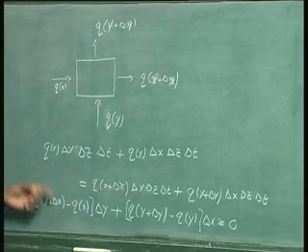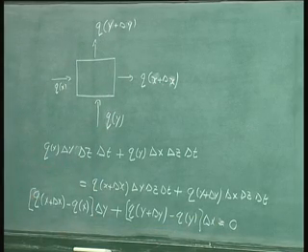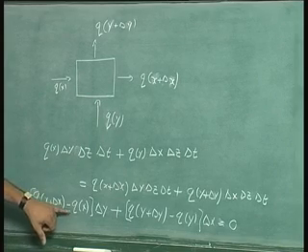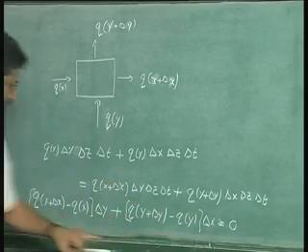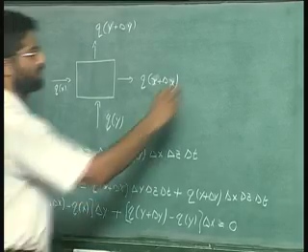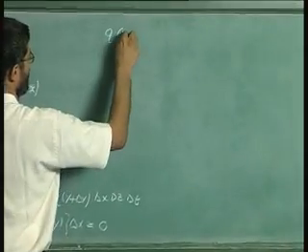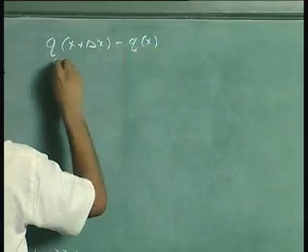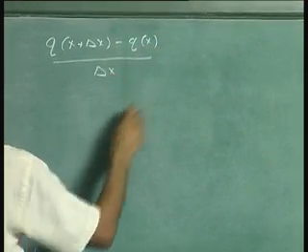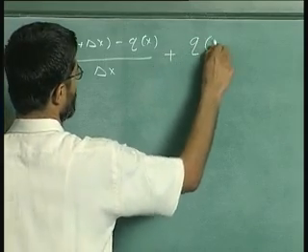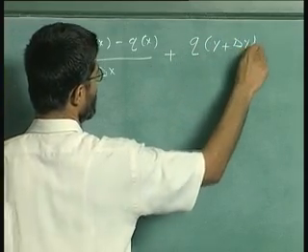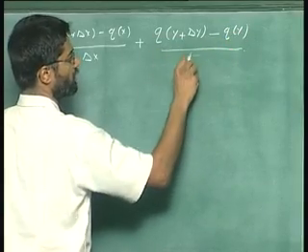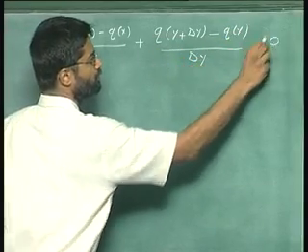Right, so I just rearranged the terms. Then, dividing the whole thing by delta x into delta y, I can write this as Q at x plus delta x minus Qx divided by delta x, plus Q at y plus delta y minus Qy divided by delta y, equal to 0.